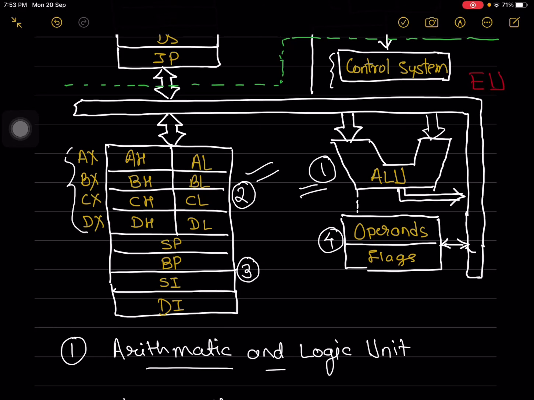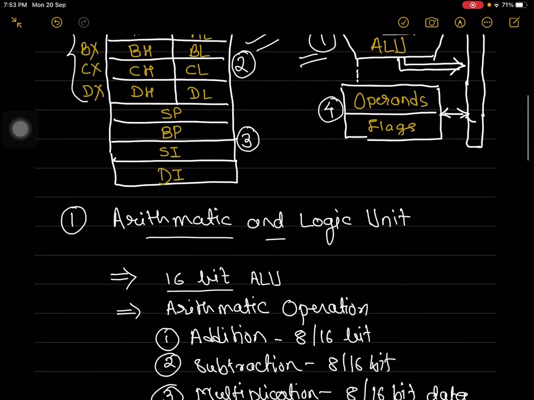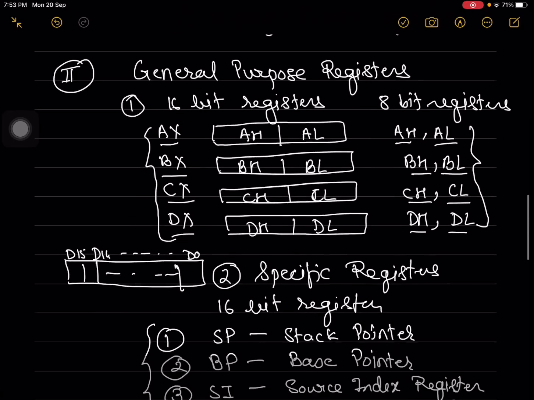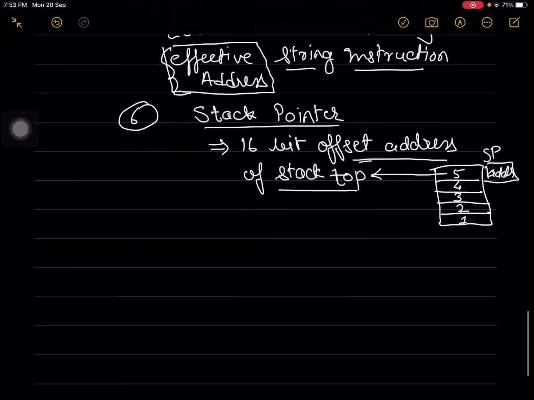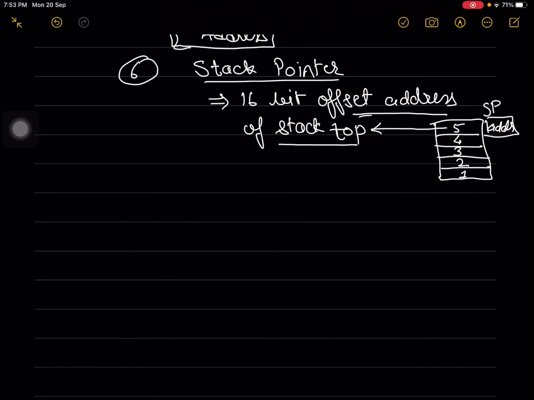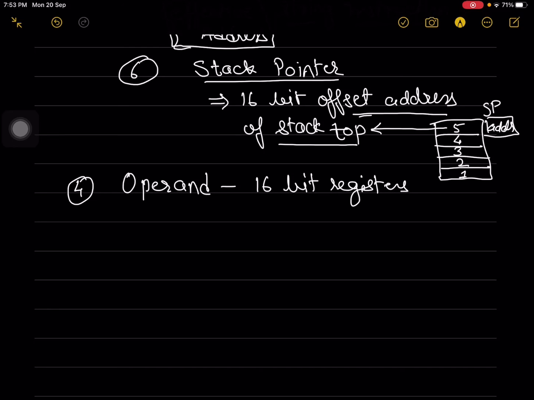Now coming to the next part of the architecture, the operand register and flags. The operand register is another 16-bit register in the microprocessor. Its specific use is to hold data temporarily, so it is also called the temporary register.